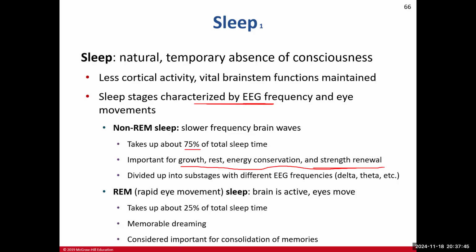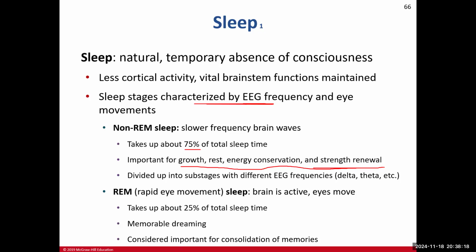Remember we talked about in lab today, their nerves are myelinating. That takes work. So in your non-REM sleep, you're going to see growth, rest, and energy conservation. What does that mean? We're not using a lot of stored energy like ATP, because we're not doing any activity.